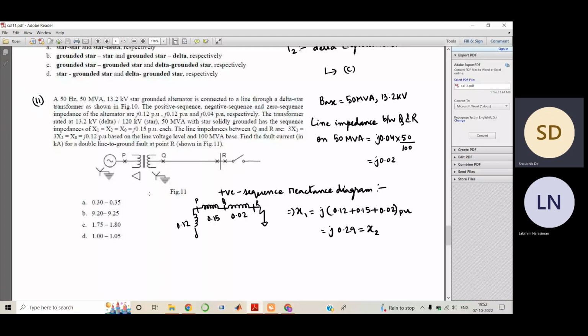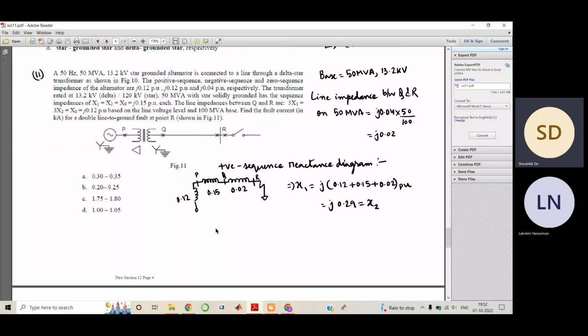We take every component's reactance, connect them in series and find the value. But for the zero sequence reactance, since this is a delta-star, the configuration changes and you have to draw it separately. So we'll come to that.